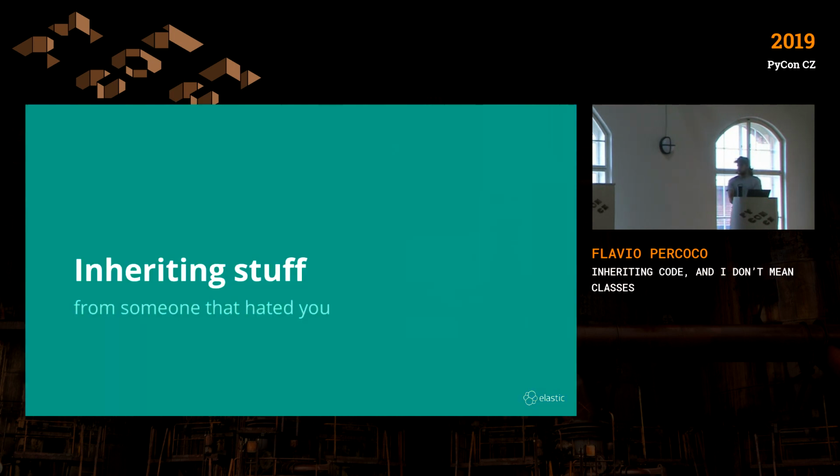And let's get straight into our content. So, inheriting stuff from someone that actually hated you. I was trying to figure out a good way to present this topic, you know, there are different ways to do it. There are different kinds of projects out there.